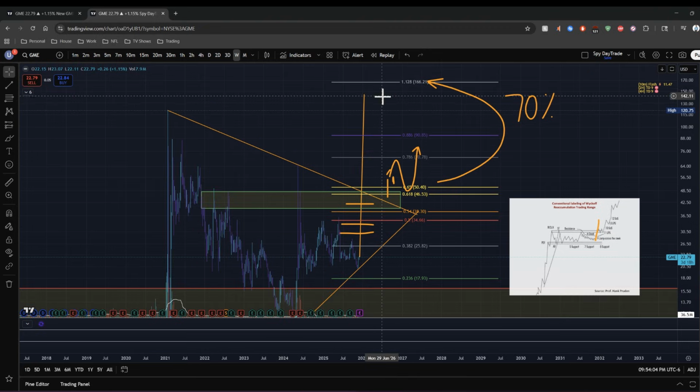My ultimate profit target is 146, but close enough. Same thing. This is the ultimate goal. This is what I'm looking for. What happens in between, we'll deal with it when it comes.